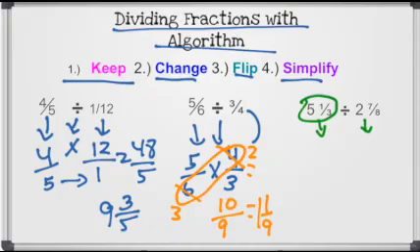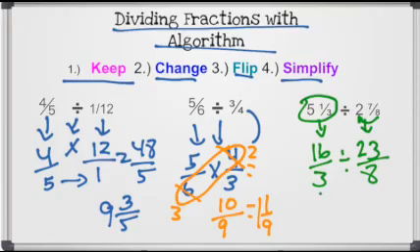Adding the one more third is 16 thirds. And then we'll change our second fraction. 8 times 2 is 16, plus 7 is 23 over 8. And again, we keep, we change, and we flip.